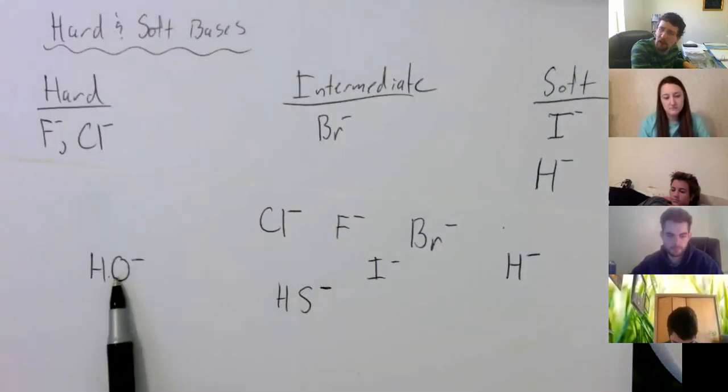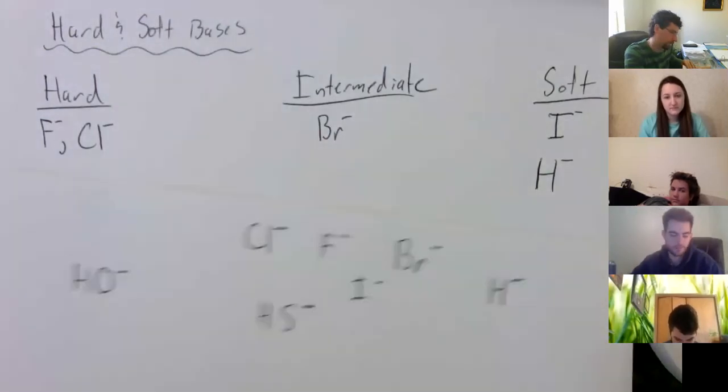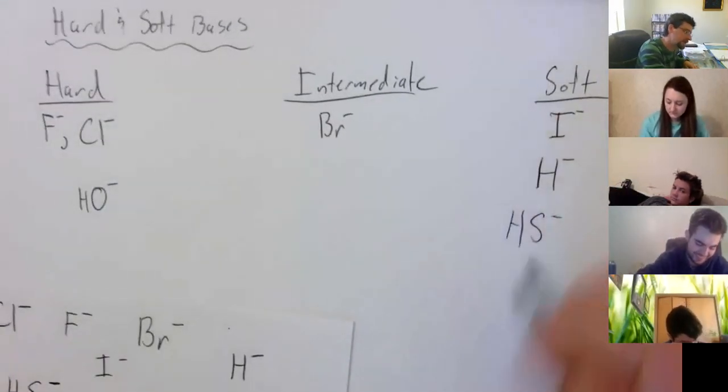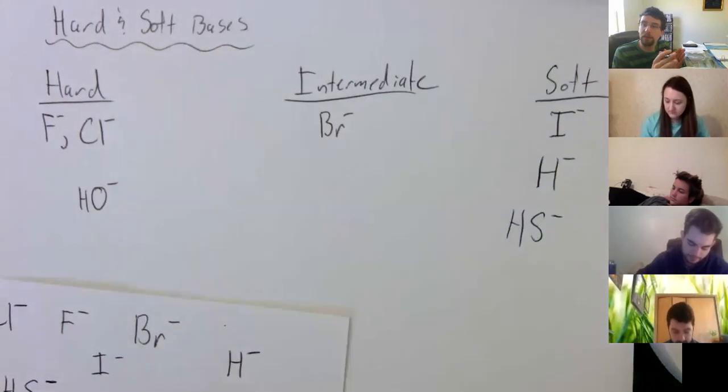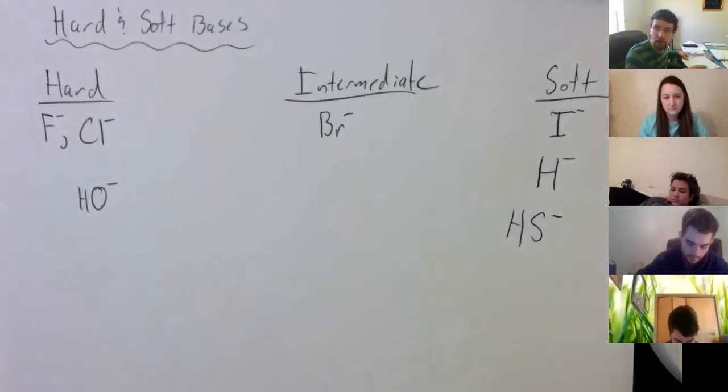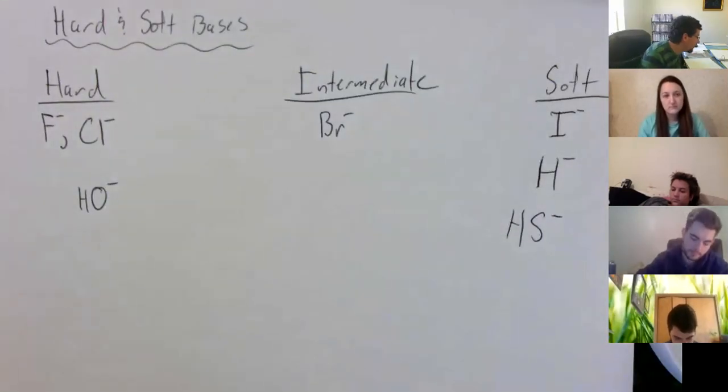Is it going to be harder or softer than OH minus? It would be softer if it's going to follow the trend of the halogens. Yeah. And that makes sense, right? Because if you think about the polarizability of these ones, they're more polarizable as you add more electron density as you go down.